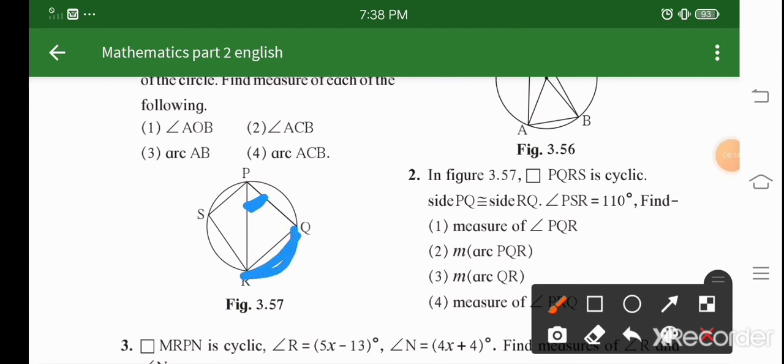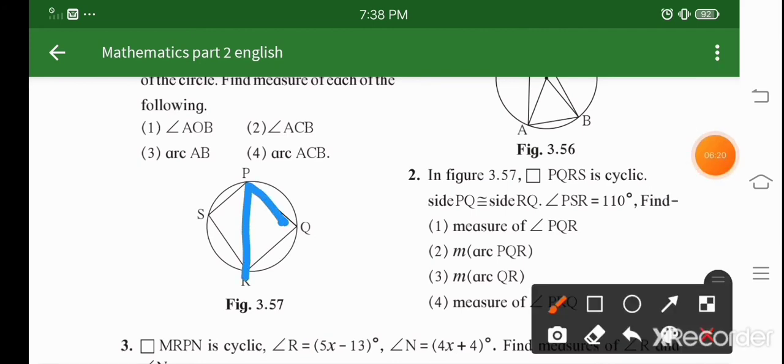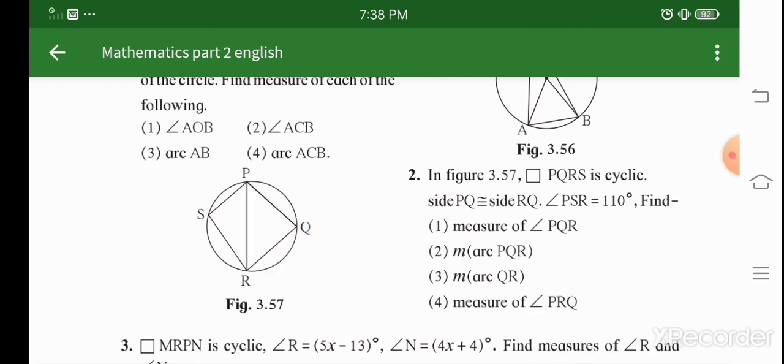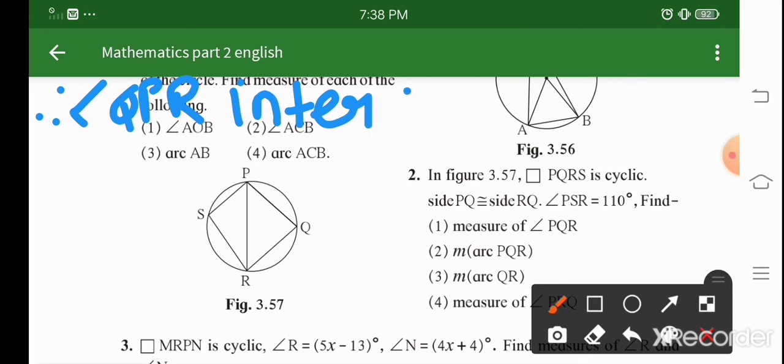So let's get started. You can just say that this angle QPR is nothing but the inscribed angle, and it has the intercepted arc QR. So by using that inscribed angle theorem, we can just say that here angle QPR intercepts arc QR.